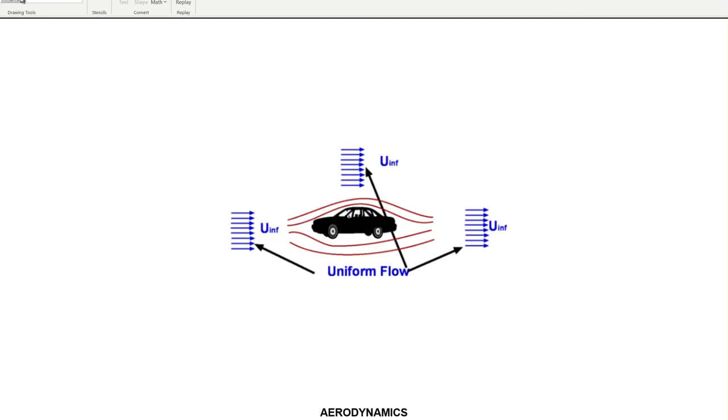And because you have air flowing around this car, you're going to have some velocity around there. If I move at a significant distance, I can say my airflow is uniform, far away from the car itself.